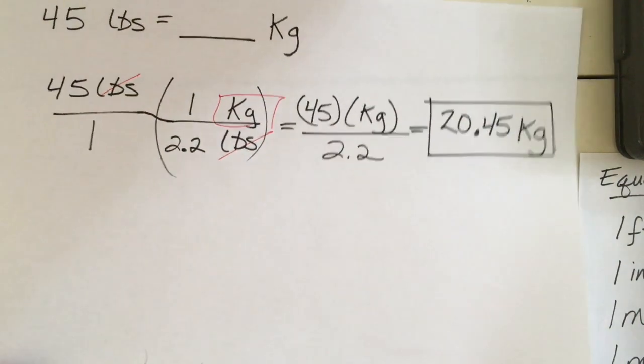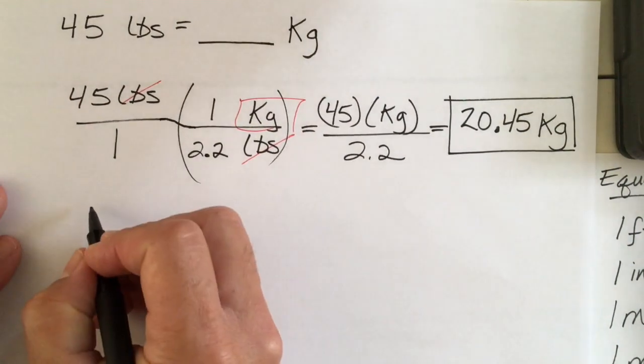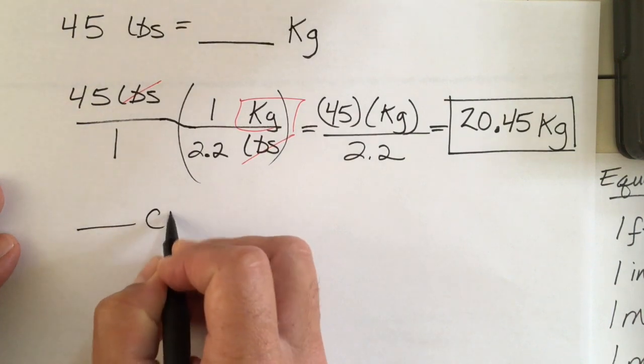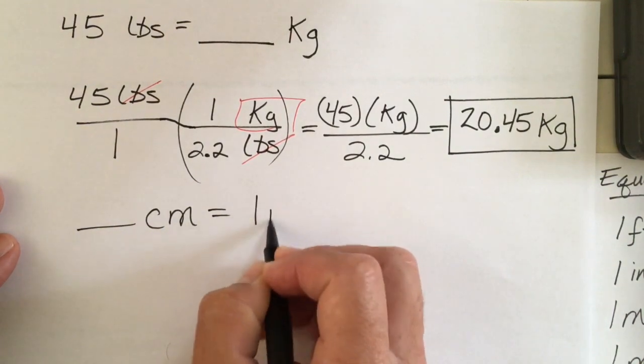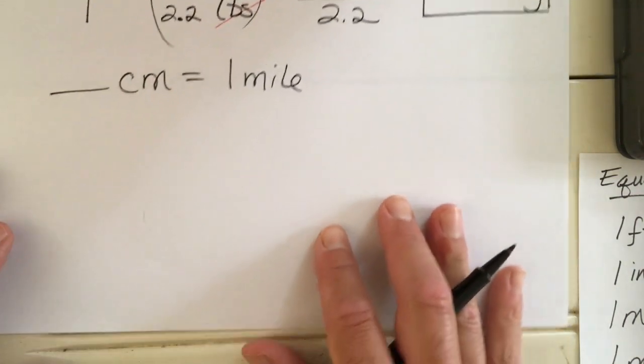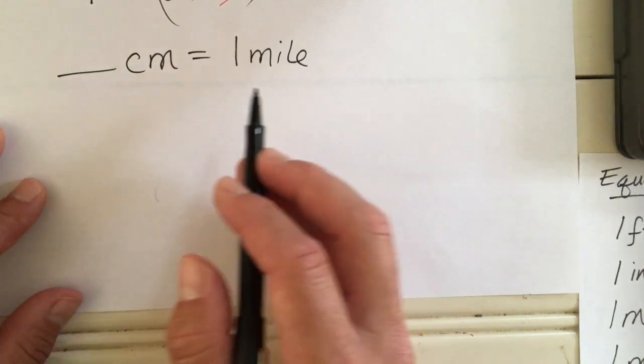Okay, let's go ahead and do another problem. Next one, how many centimeters are in 1 mile? I'll write this down right here, blank centimeters equal 1 mile. All right, so just like before, we're going to start by writing what we have. We want to know centimeters.